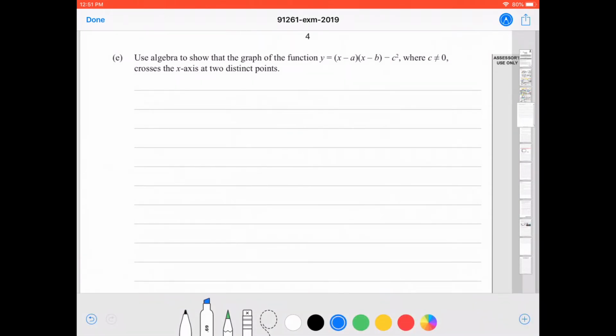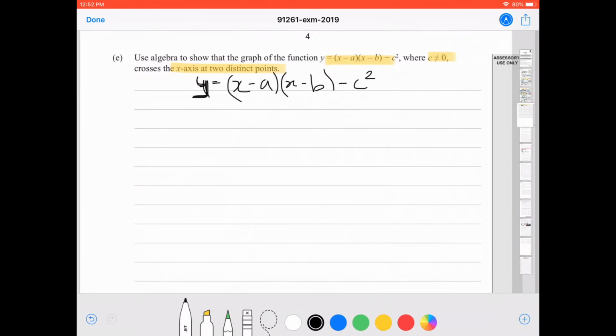It says use algebra to show that the graph of the function y equals x minus a times x minus b minus c squared, where c does not equal 0, crosses the x-axis at two distinct points. Okay, so our function is y equals x minus a times x minus b minus c squared.